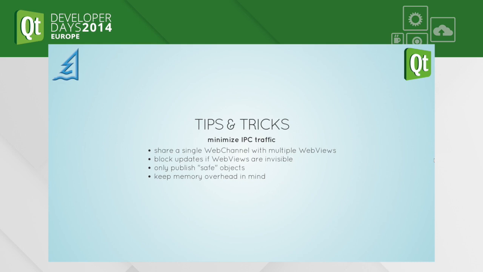So my suggestion here is to write dedicated QObjects with a slim, minimal API that only have the signals and methods you deem safe to be used from the outside. And as I said initially, do keep the memory overhead in mind.